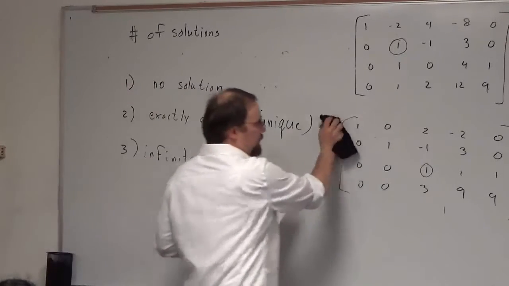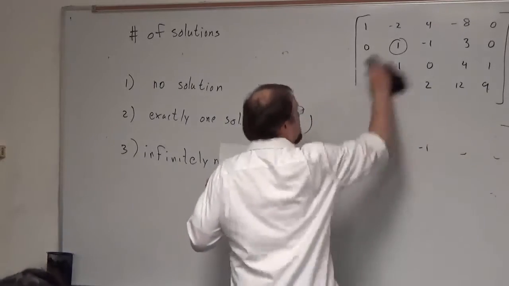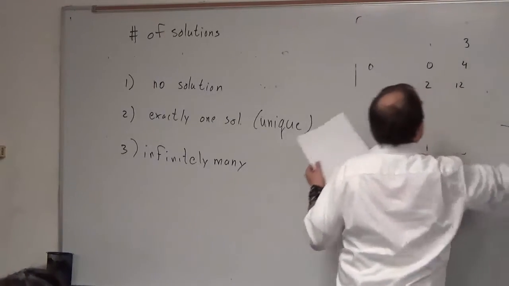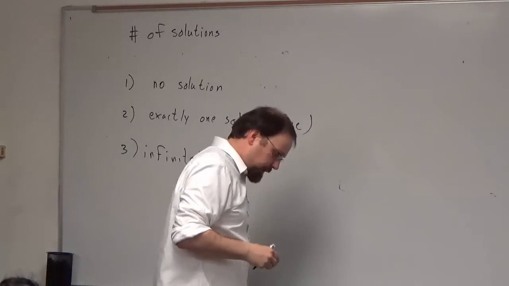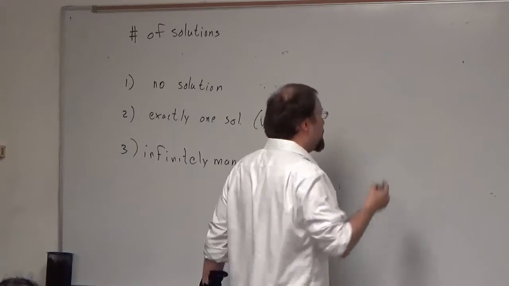All right. So let's think of a reduced matrix where you have no solutions. What would it have to look like?